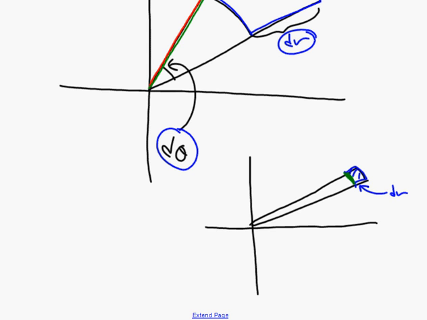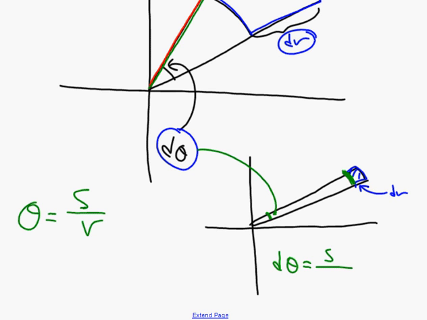So I need to remind you of something from the past, and that is that if you want to measure an angle in radians, the angle in radians, theta, is always the arc length over the radius. So, in our picture, the angle here, we actually know it's d theta. And that's going to equal the arc length, which is this piece here, I'll call that S, over the radius that I've moved away from the center.